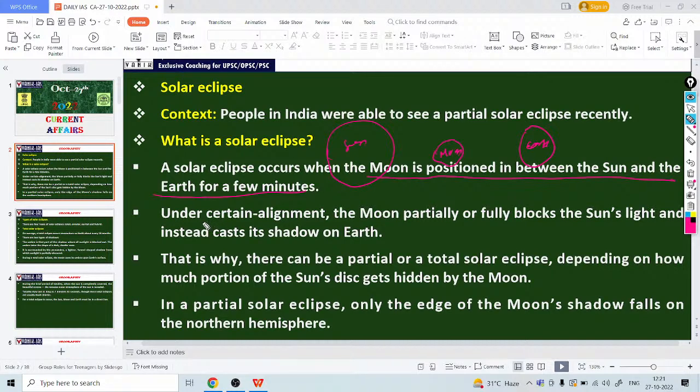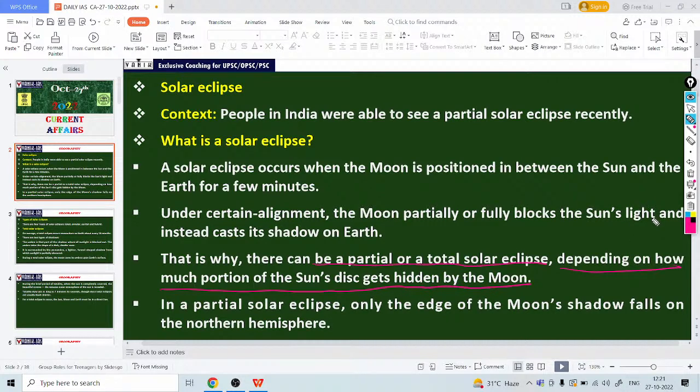Okay, under certain alignment, the moon partially or fully blocks the sun's light and instead casts its shadow on earth. Fine. That is why there can be a partial or a total solar eclipse depending on how much portion of the sun's disk gets hidden by the moon.